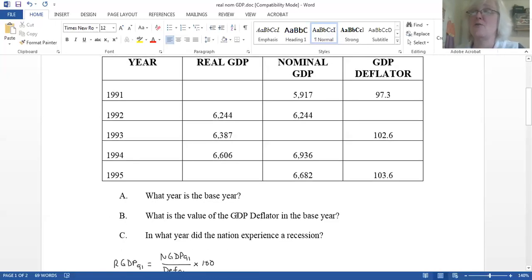What is the value of the GDP deflator in the base year? This is an arbitrary distinction. Economists can choose any year to be their base year, whatever their favorite year is. But in that base year, they're going to assign a value of 100 to the deflator. So look up here, and we don't see in our deflator column anywhere where there's 100.